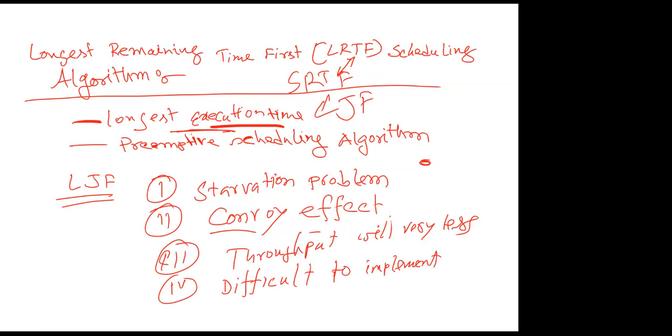So let's do one example of how this algorithm works. Let's consider a total of 5 processes, and we calculate the Gantt chart as well as the completion time and turnaround time, as we did in our previous algorithms.